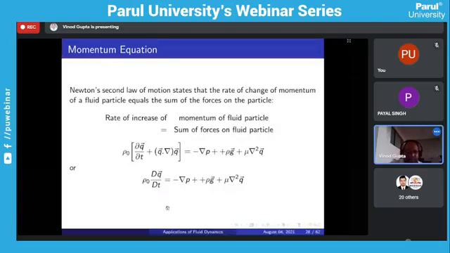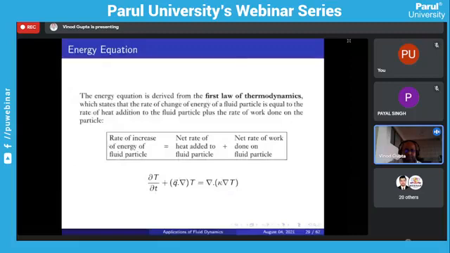That is the rate of increase of energy of the fluid particle, that is DT/Dt. Here small t is with respect to time, and capital T is the temperature. And that is equal to the net rate of heat added to the fluid particle.